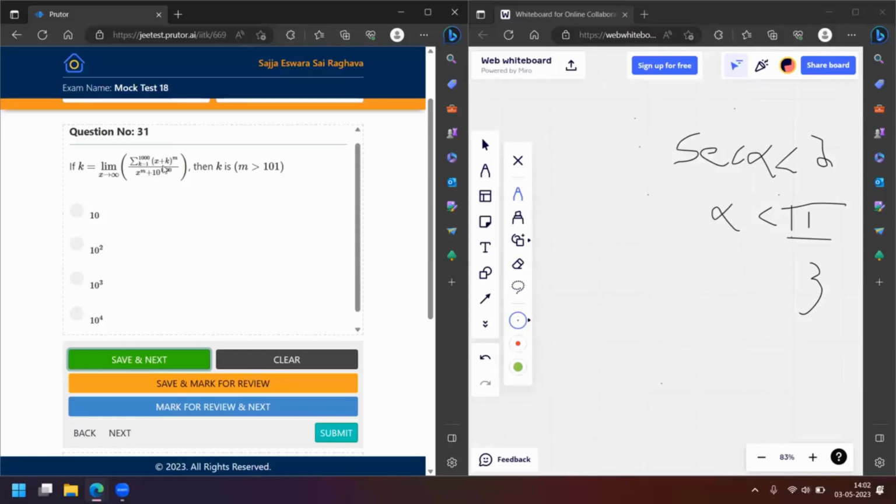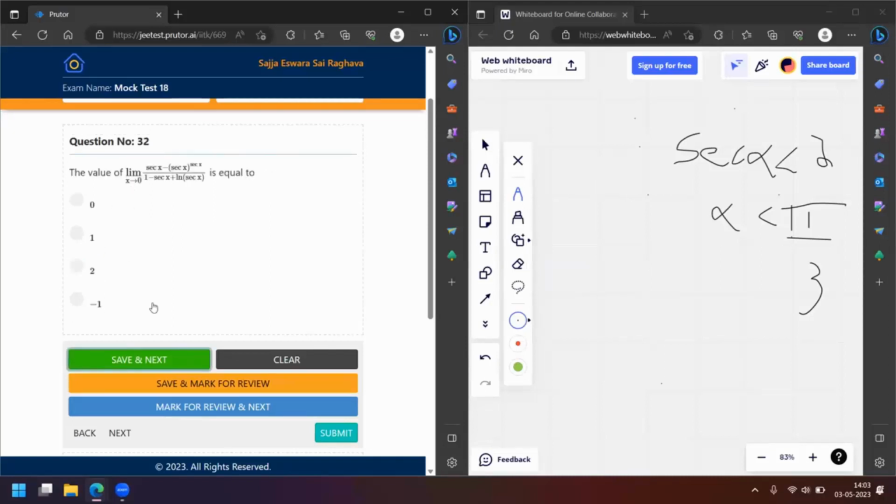So here, since it is a sigma of k equal to 1 to 1000, we'll get 1000 as the coefficient of x power m in the numerator and 1 in the denominator. So for finding out the limit of infinity by infinity, we just need to check out the first coefficients. So we can say the value of k will be 1000 in this question.